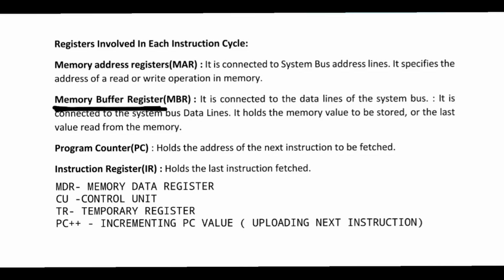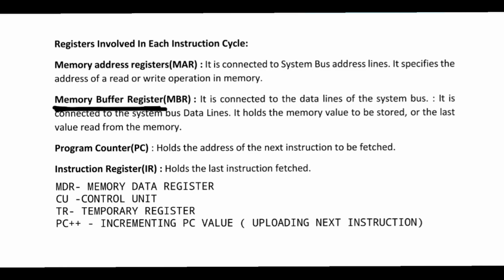Memory is a storage space. It only provides space for storage. The memory buffer register is also a register that provides some space for memory data or memory instructions.